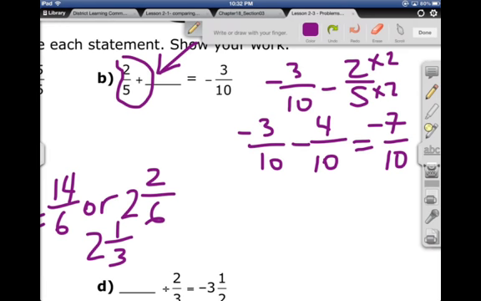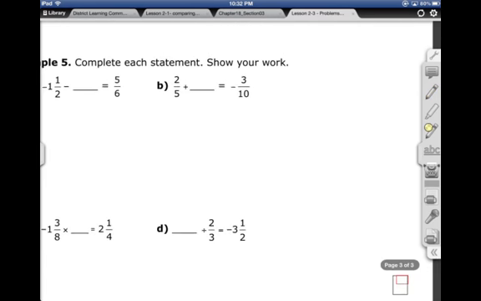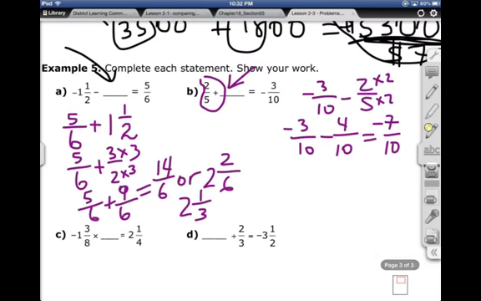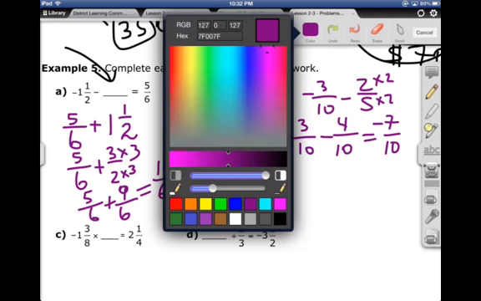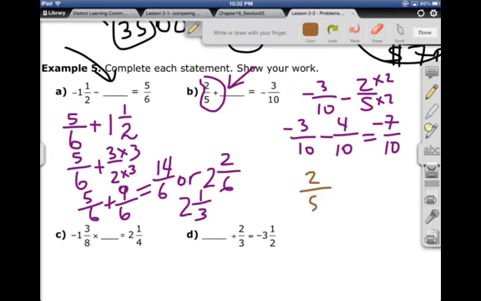So if this is true, it should stand up to scrutiny. It should work. So does 2/5, I just have to borrow space here, grab a new color. Does 2/5 minus 7/10 equal negative 3 over 10?